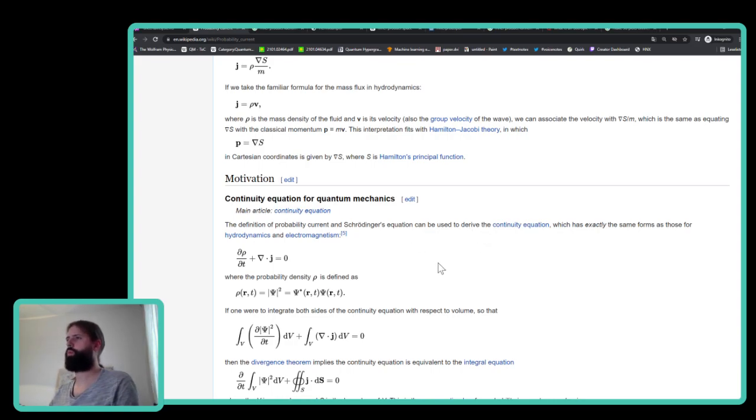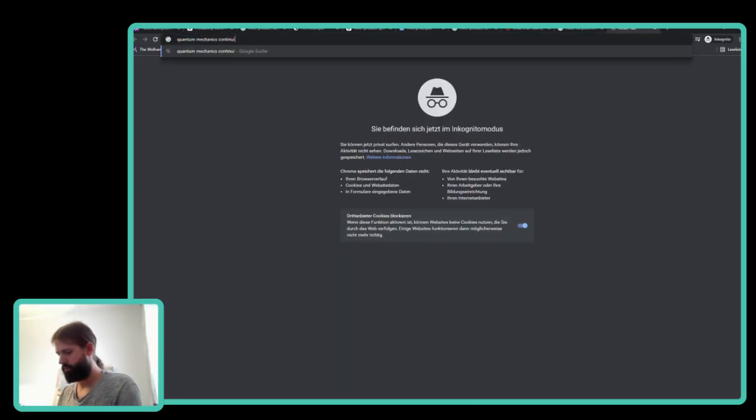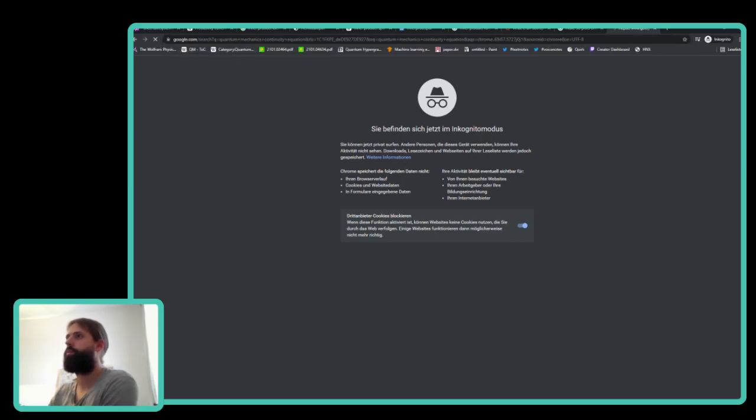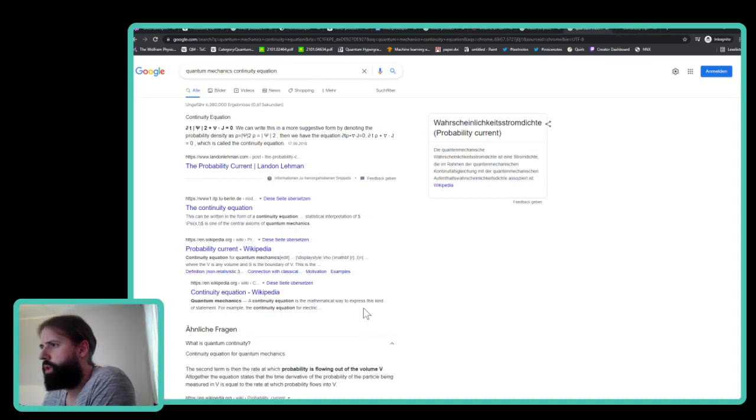Continuity equation. Why is this important? Quantum. What is quantum continuity?